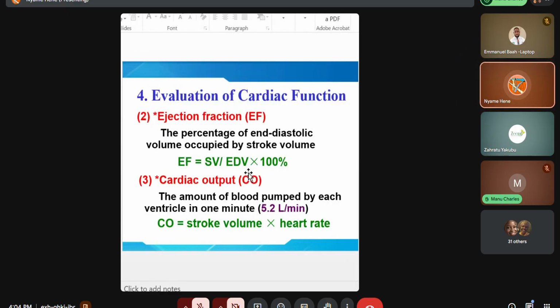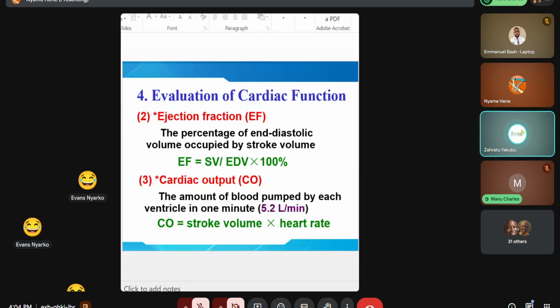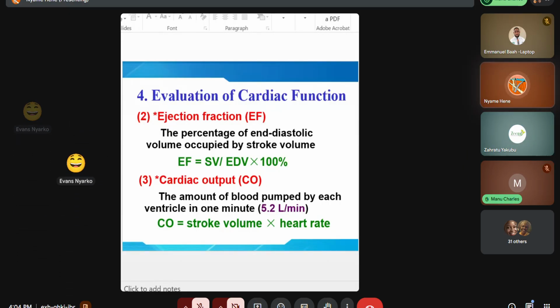Do you understand stroke volume? Were you here when I was explaining with the bottle? Yes, I even got the bottle on the screen. Then you should understand yourself. I was pumping the bottle, and when you pump the bottle, the water that went out is your stroke volume.